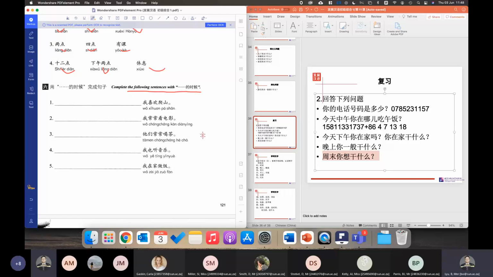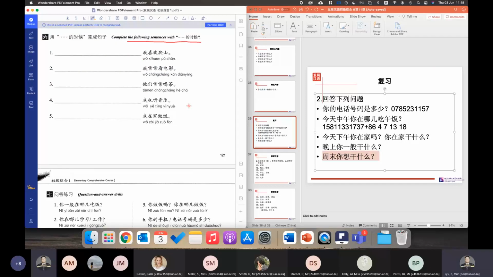completing the sentence with 的时候. Right, so you need to give the situation. 我喜欢爬山. So 什么什么的时候我喜欢爬山. Anyone?